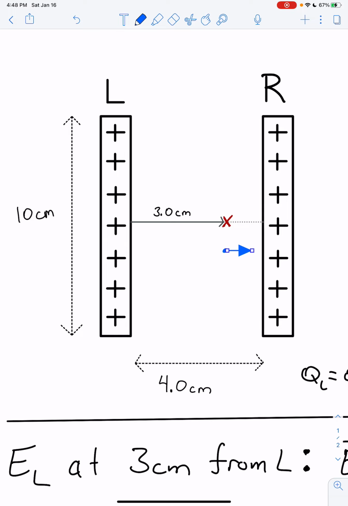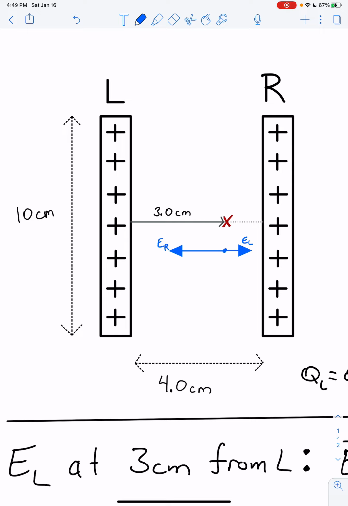From the right, we're going to have an electric field that is directed to the left. This is the electric field caused by the rod on the right, and this is the electric field caused by the rod on the left.